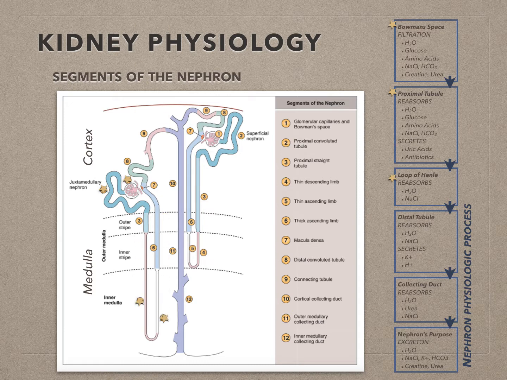In the distal convoluted tubule, reabsorption of additional water and salt, plus the secretion of potassium and hydrogen ions, occur before dumping the remaining contents into the collecting duct. From the collecting duct, the byproducts are excreted towards the ureter and become urine.